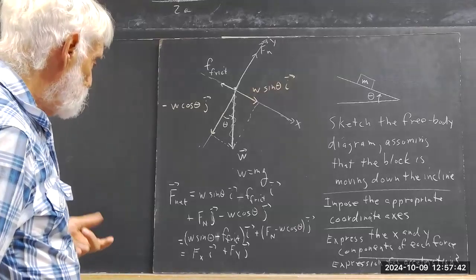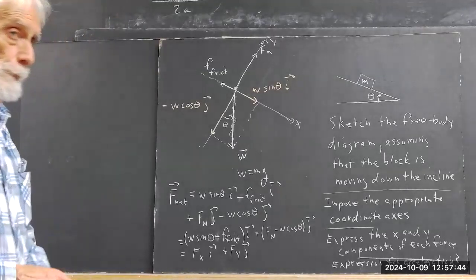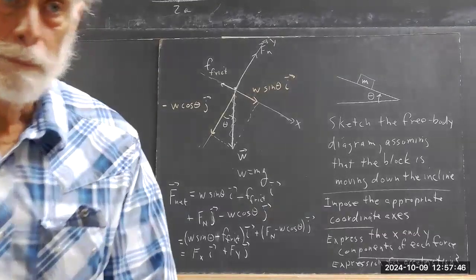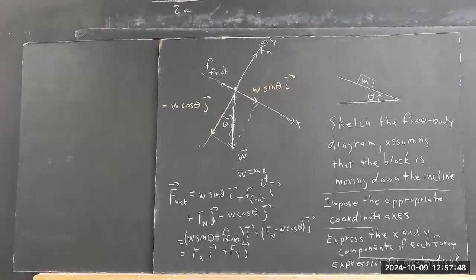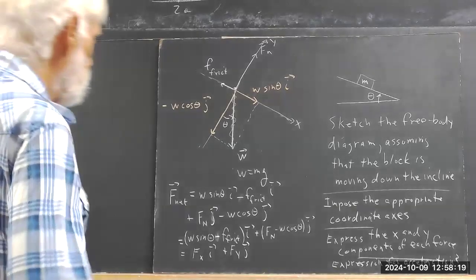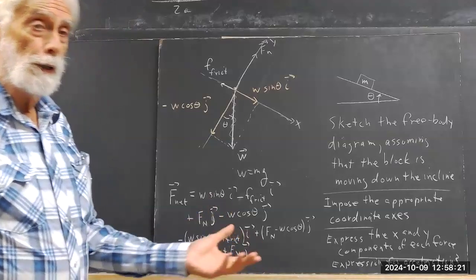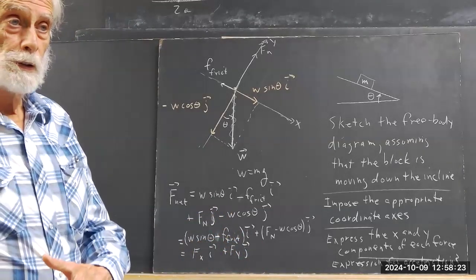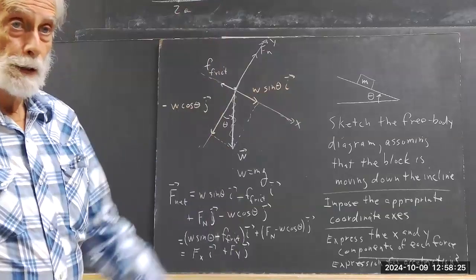Now, do we have any equilibrium here? We might. What would we have to have for this to be an equilibrium situation? Okay, so the question I pose is, could this be an equilibrium situation? What would have to be so for this to be an equilibrium situation? Got a really good answer.